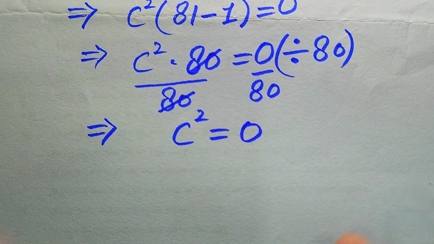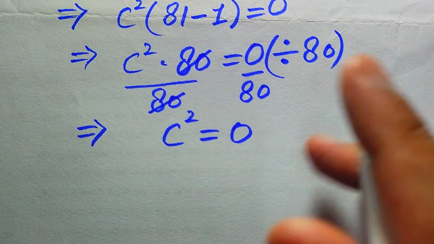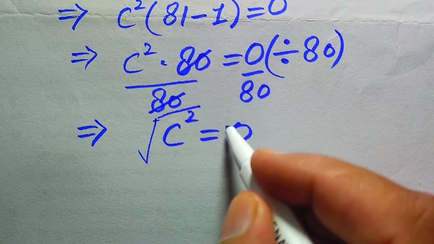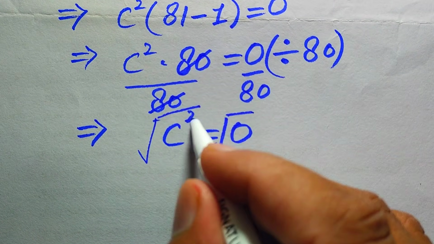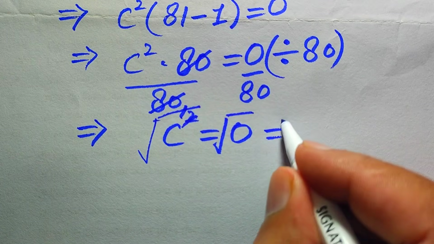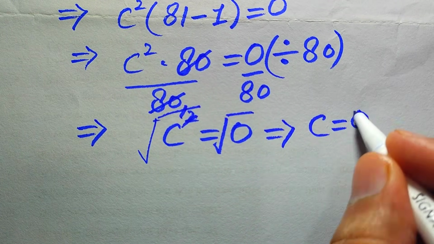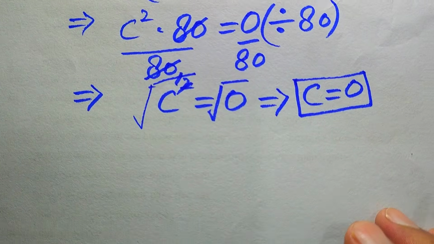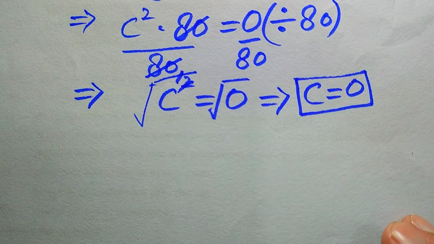And now for the value of c, we remove the square sign, and for this we apply square root on both of the sides. So the square and square root are gone, and we get c is equal to 0. So this is the only root of the given equation which we get from this method.